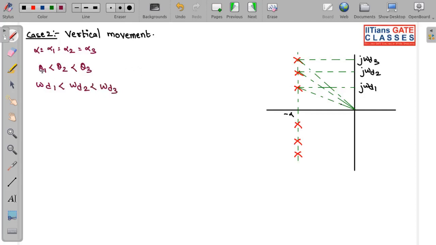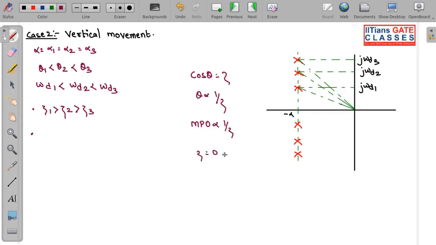Now if theta 1 less than theta 2 less than theta 3, then we can write that cos theta is equal to zeta. So that means theta and zeta have an inverse relationship. So zeta 1 will be greater than zeta 2 greater than zeta 3. Now if this is the case, then we know maximum peak overshoot is also inversely proportional to zeta.